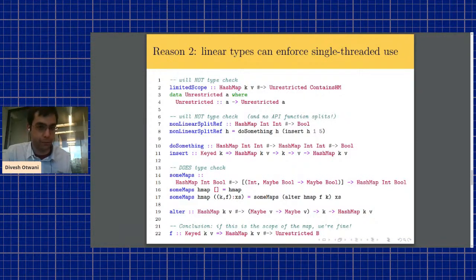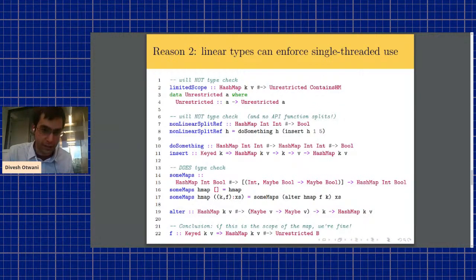Why is this the case? Because in line 3, we see the definition of unrestricted, and unrestricted is just the identity data type. It is data unrestricted A, where the constructor just holds the A, and it is not followed by a linear arrow.